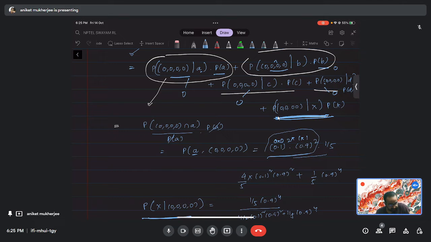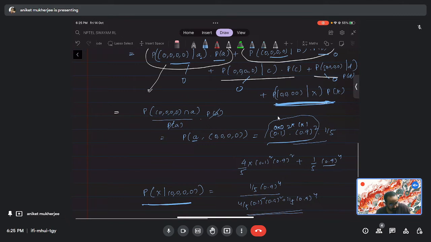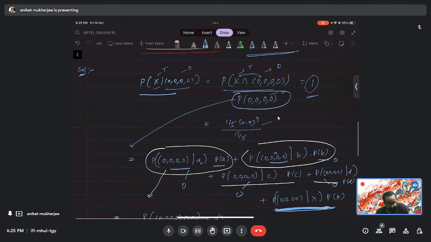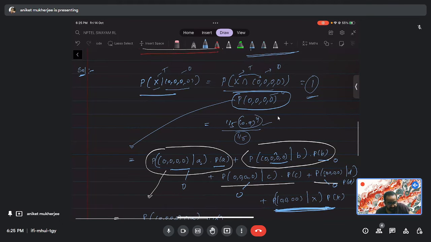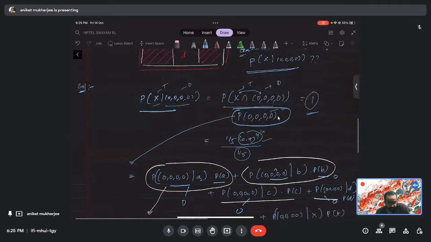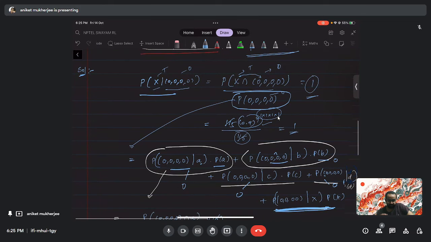Only this term remains. The numerator is 1 by 5, as you have shown, and there is no error, so 1 into 1 into 1 into 1. 1 by 5 over 1 by 5, you get 1. Okay, that makes sense.